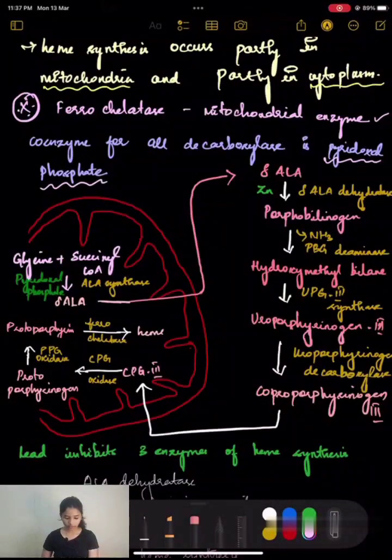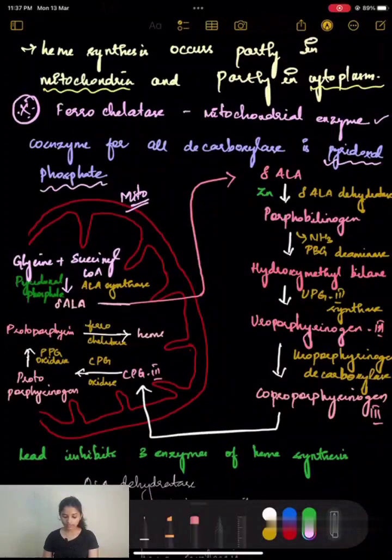So now coming on with the heme synthesis. Inside the mitochondria, glycine combines with succinyl CoA in the presence of ALA synthase and pyridoxal phosphate to give delta ALA. This ALA comes out of the mitochondria into the cytoplasm, and now it combines with the enzyme called delta ALA dehydratase, and with the help of this dehydratase, we are converting delta ALA into porphobilinogen.